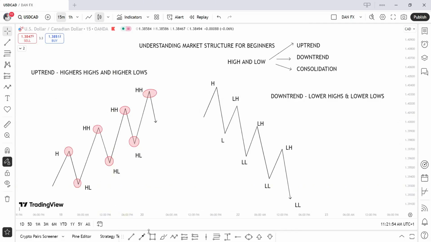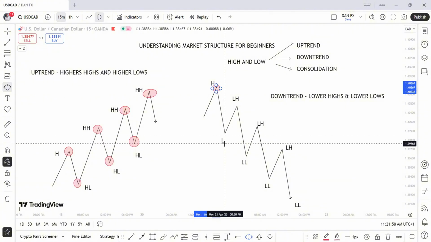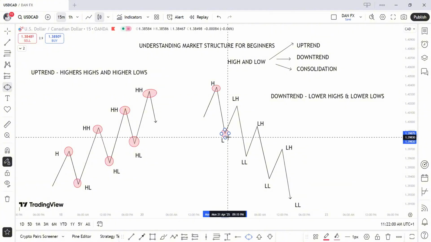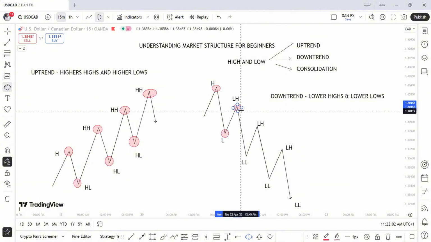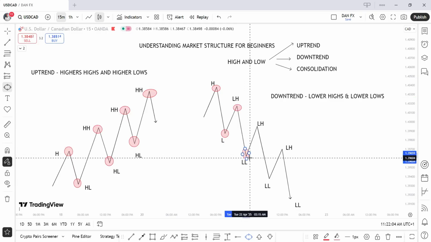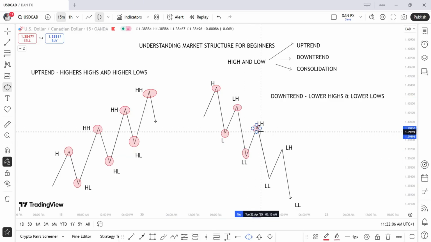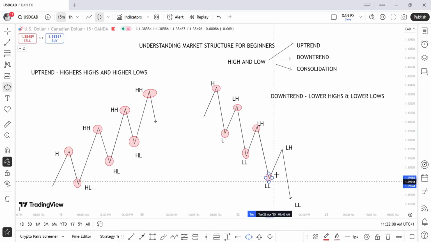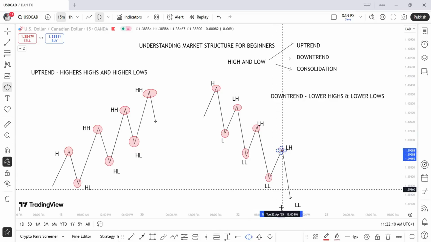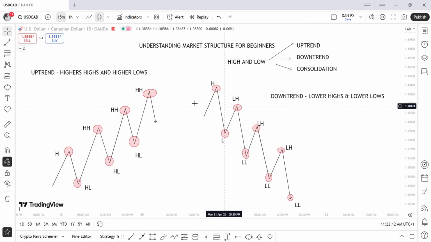Let's go over it again. We have a high, a low, a lower high, a lower low, a lower high, a lower low, a lower high, and a lower low. So this is what a downtrend looks like.